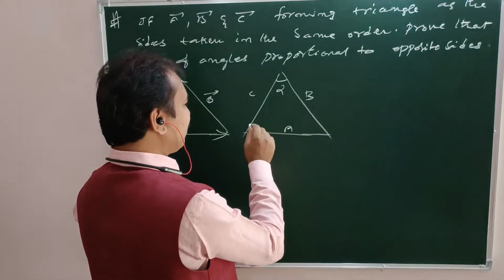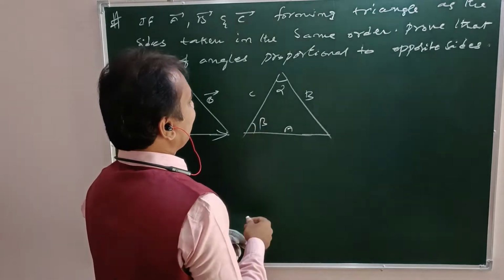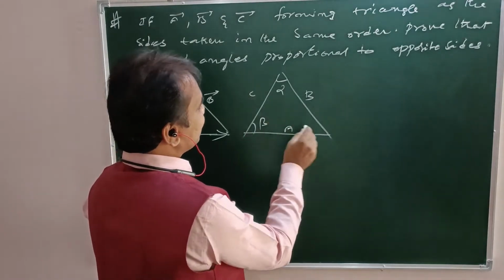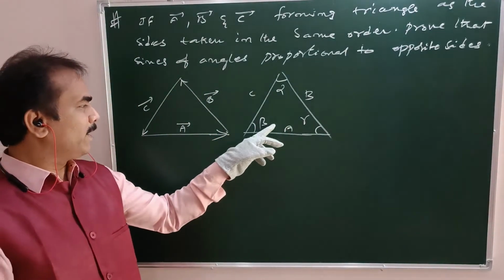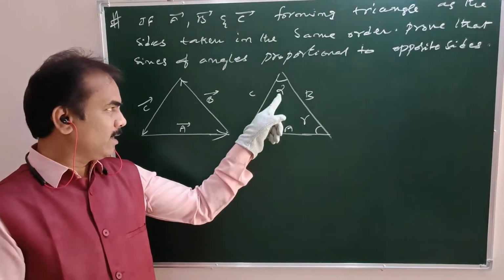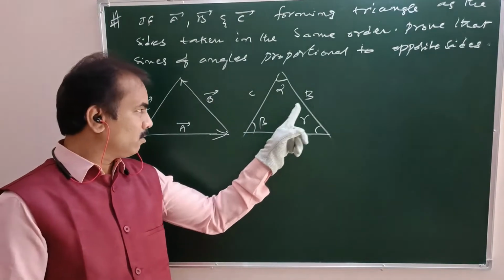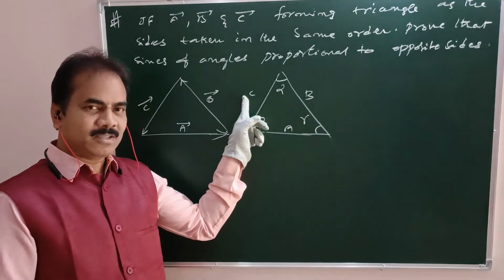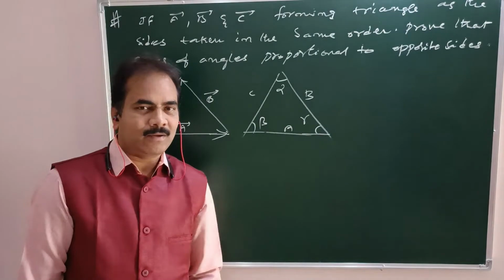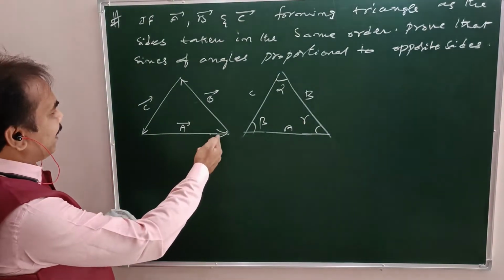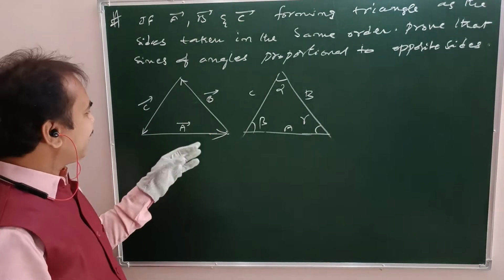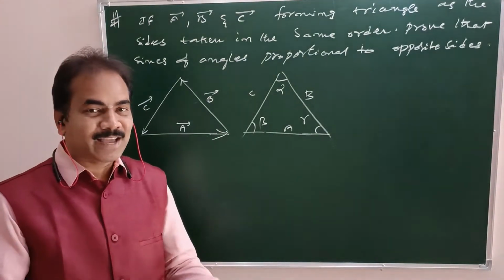Opposite to side B, beta. Opposite to side C, gamma. Okay, as shown.